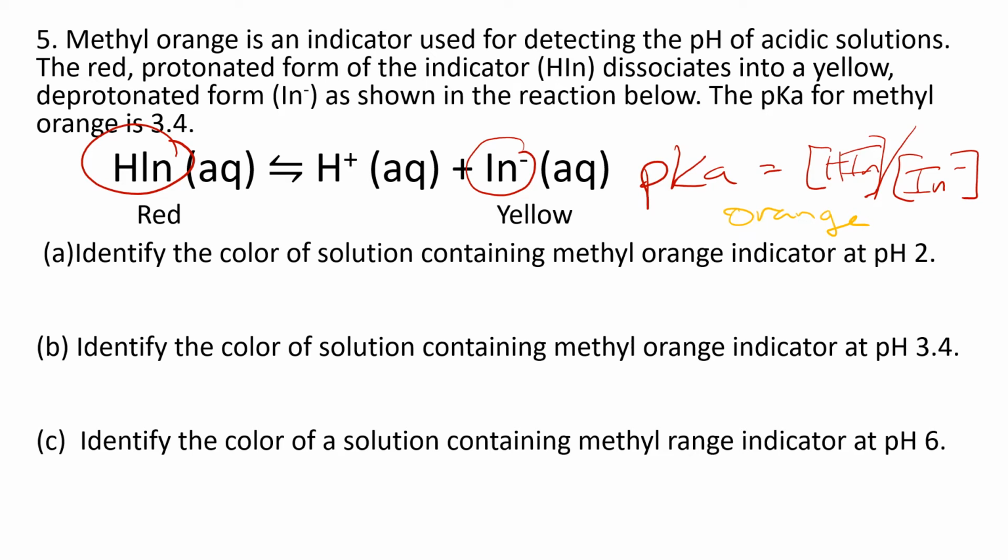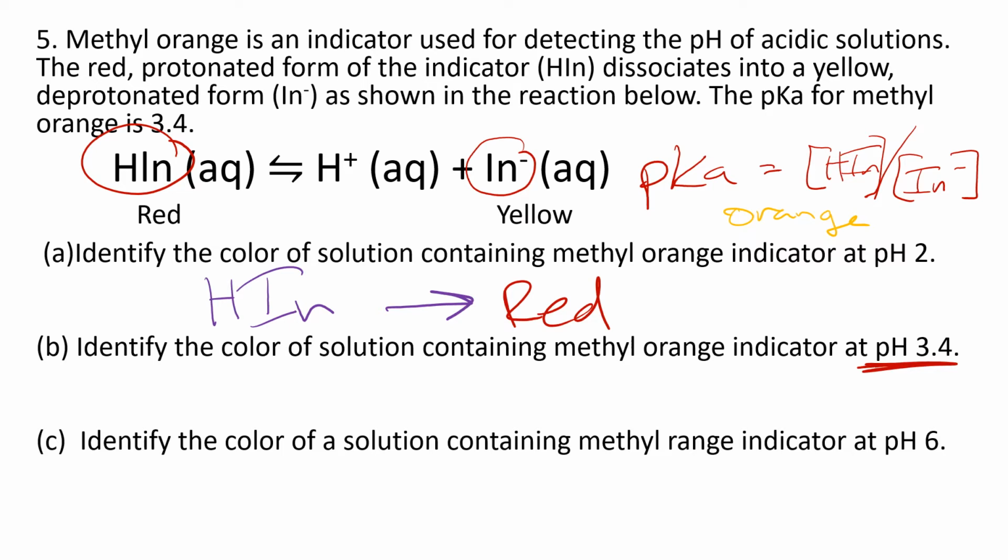So when we're asking these questions, identify the color of solution whenever the pH is 2, what is the predominant species? At a pH of 2, that's a much more acidic number than the pKa, so the predominant species is going to be HIN. So the color is going to be red. Okay. B says identify the color of solution containing methyl orange at the pKa.